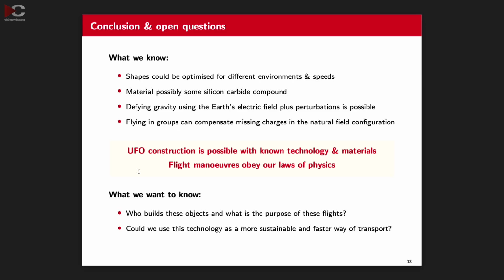So taking everything together, the construction of UFOs seems to be possible given today's technology and given today's materials. And the flight maneuvers that we see, or those that I've shown you, seem to be explainable within this framework.